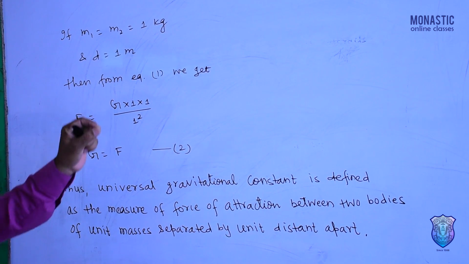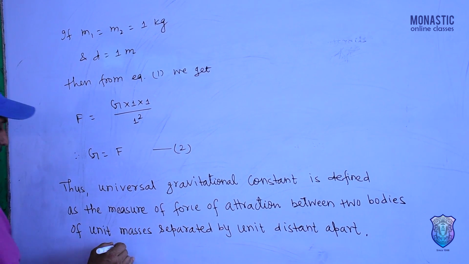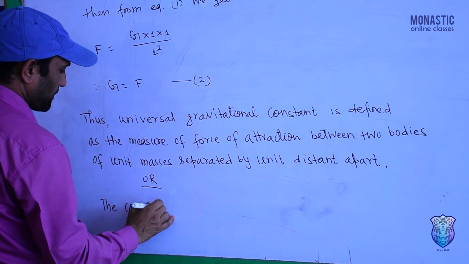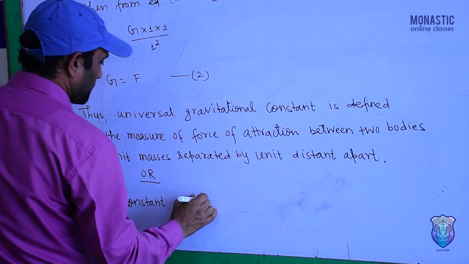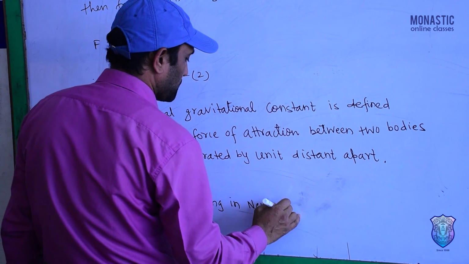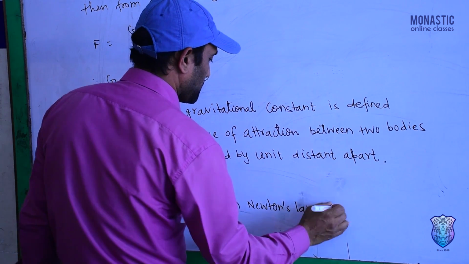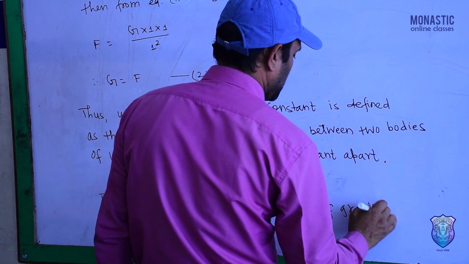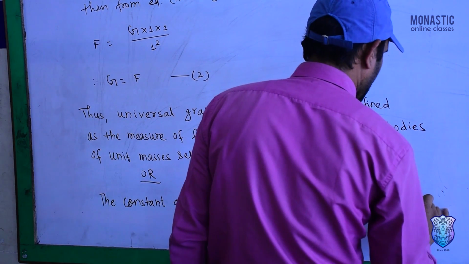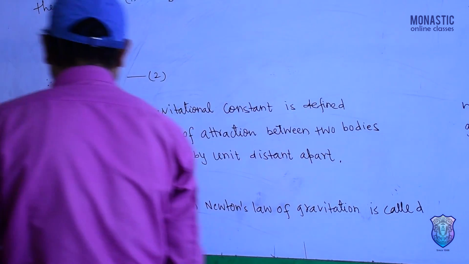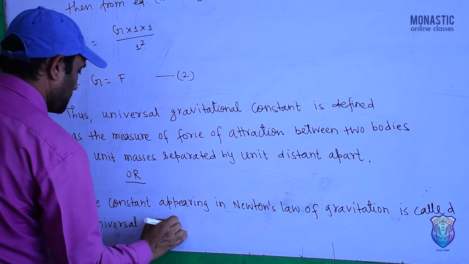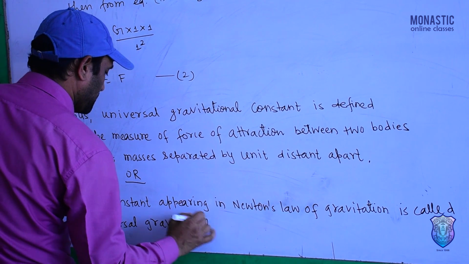Another way you can define it, because this constant appeared only in Newton's law: the constant appearing in Newton's law of gravitation is called the universal gravitational constant.